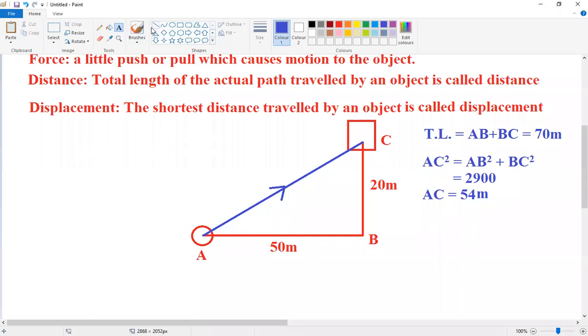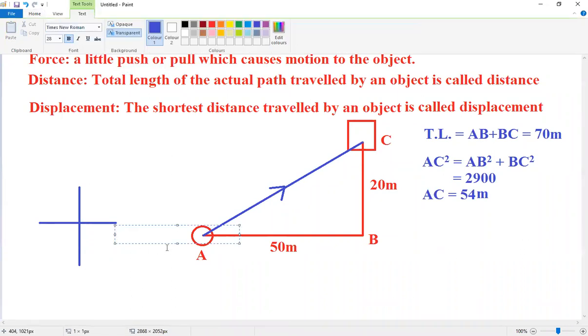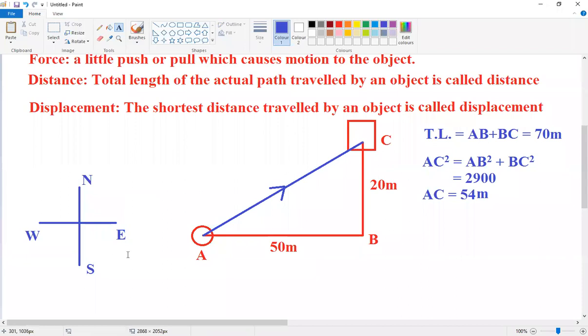But while talking about displacement, we should give its proper direction. So let's draw the directions: east, west, south, and north. So you can say the object is displaced by 54 meters to the northeast.